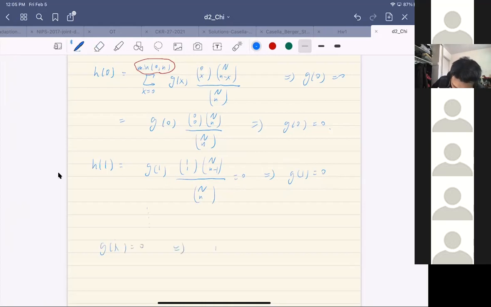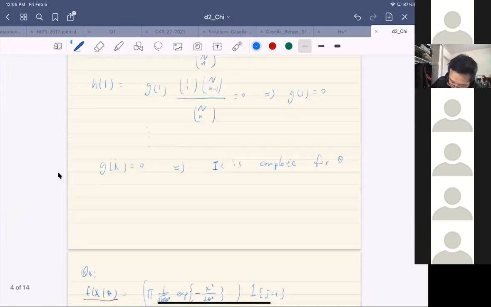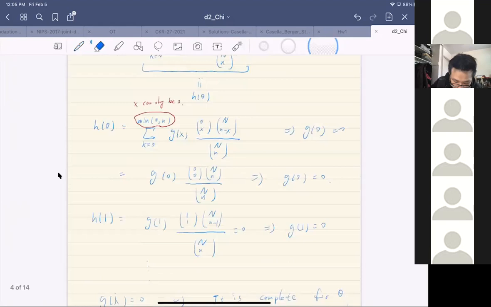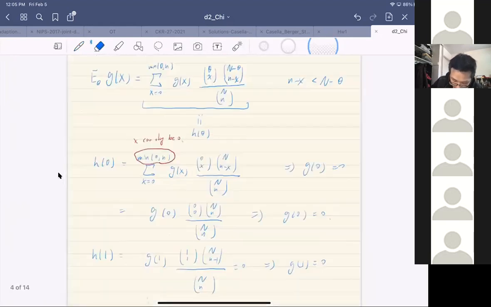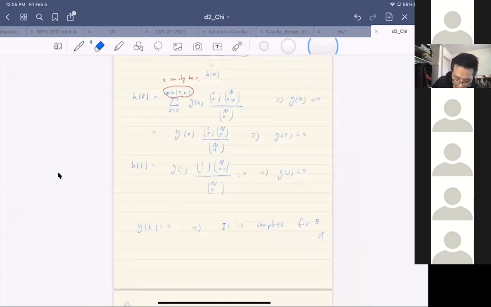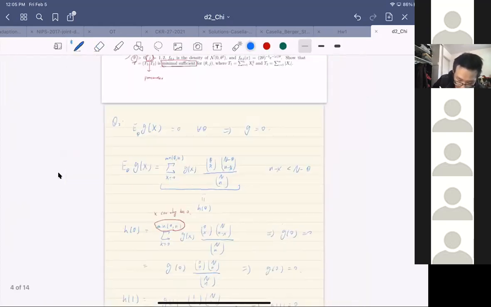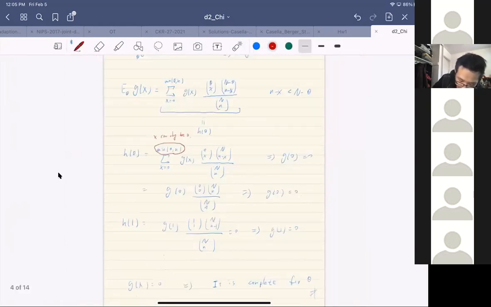So it's complete. Usually if you deal with a discrete random variable, we have to plug in the theta.